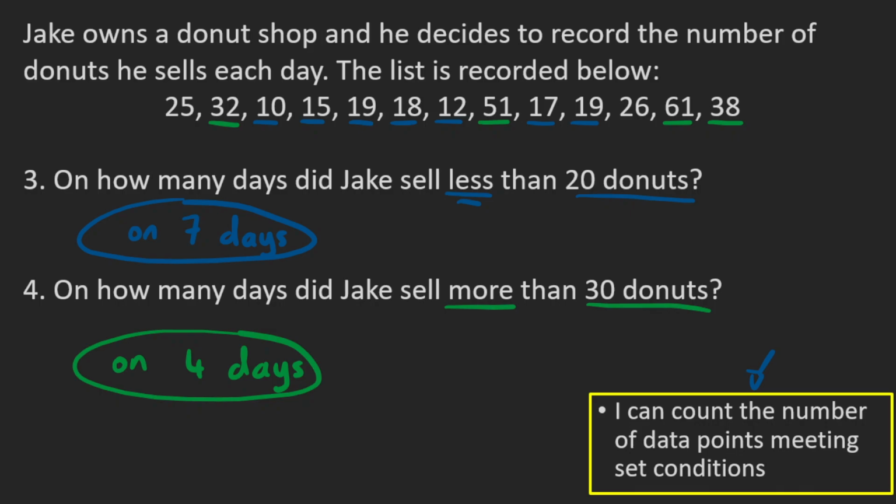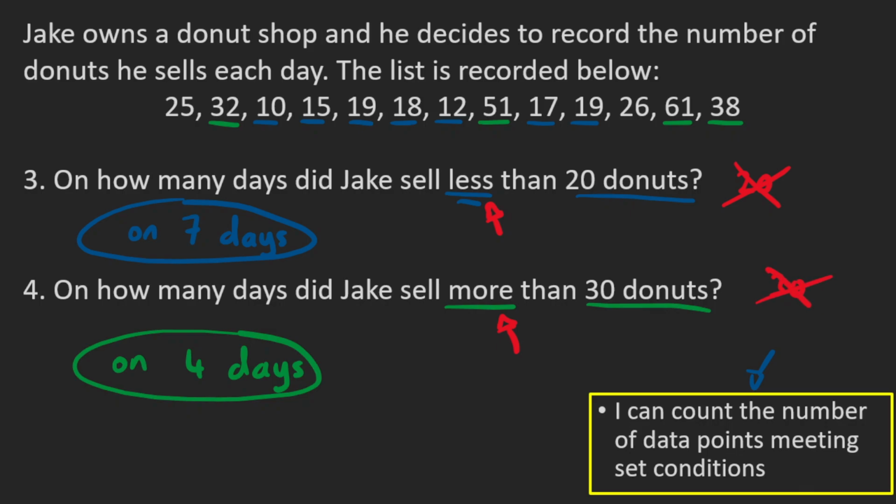Just want to make a point at this point. We've got the words more and less, or less and more. When we have less than 20 donuts, if we had the number 20, we would not be including that because it's less than 20, not equal to 20. Likewise, more than 30, we would not include 30, the number 30.